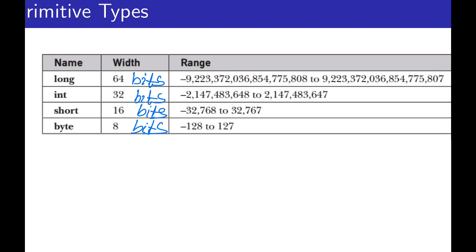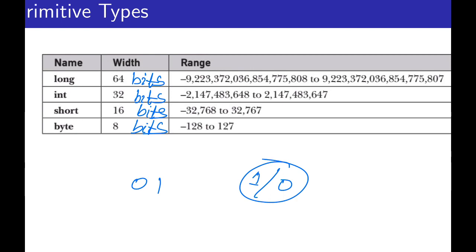Any data value stored in the computer's memory must be represented as a binary number, that is a string of 0s and 1s, because we have discussed that the computer understands only binary language. A single 0 or 1 is called a bit. So a bit is either a 1 or a 0.